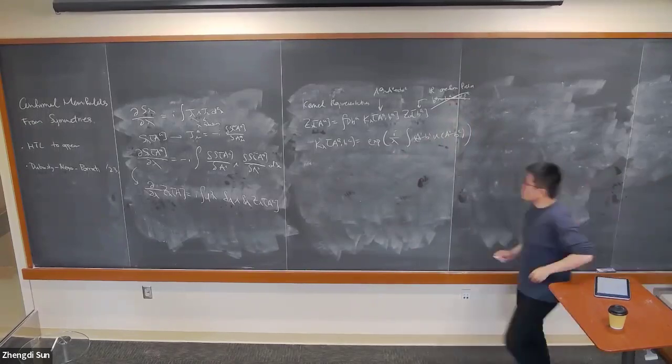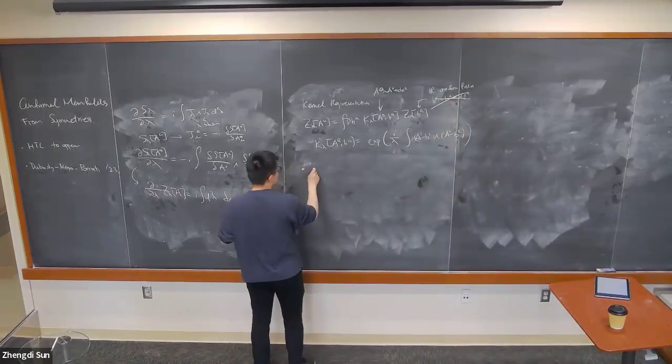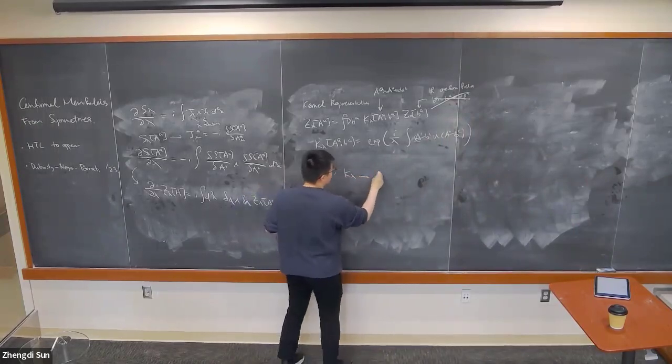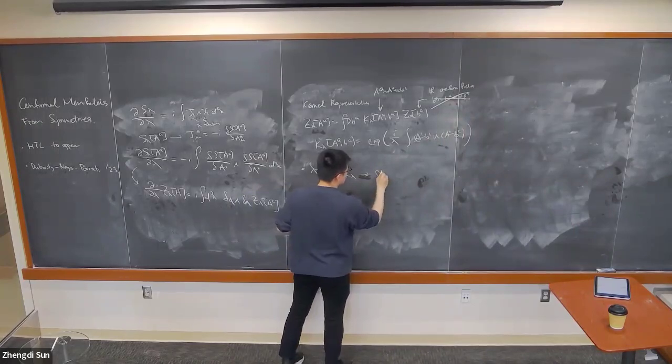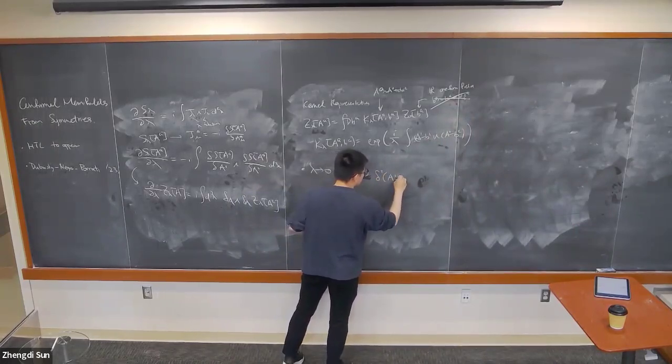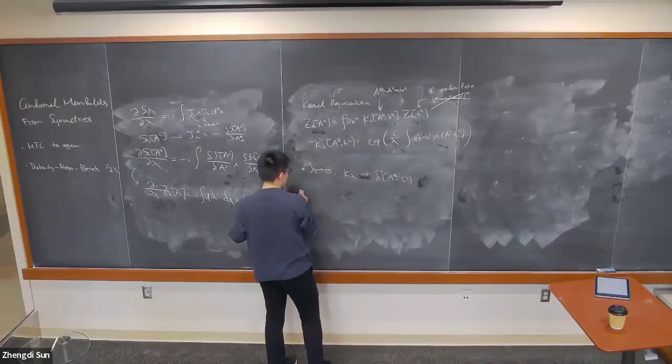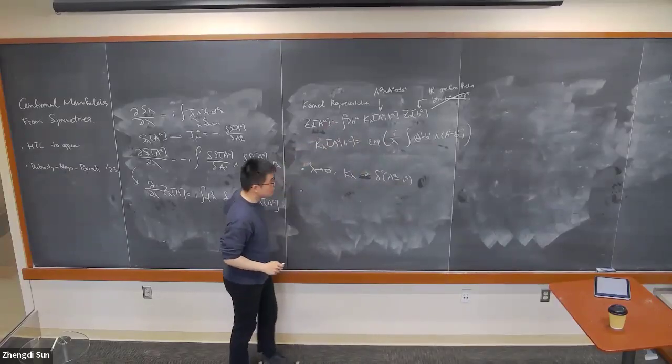And there are some consistency checks you might want to make. When we take lambda to be 0, this kernel just becomes the delta function. So if you plug it back, you just recover the original partition function, so it gives you the correct initial condition.